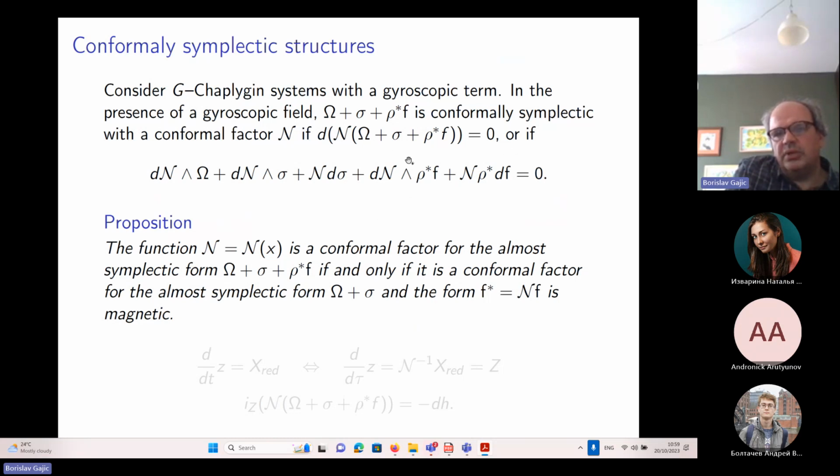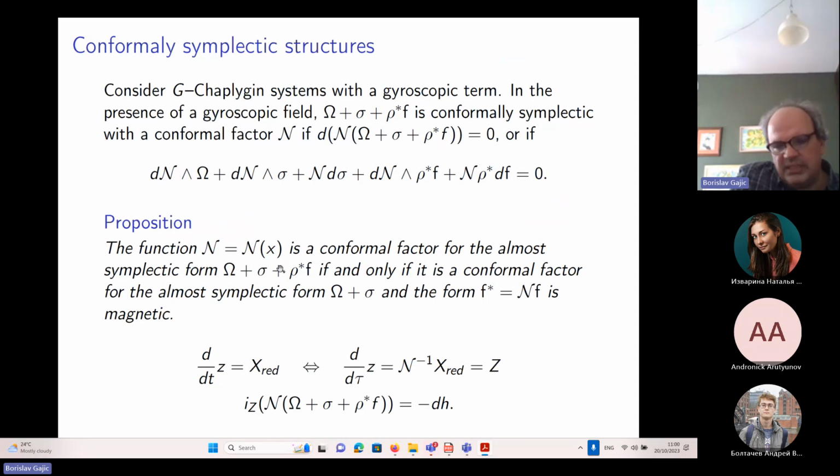This is an equivalent condition, this formula, and one gets that now we have an additional term. So the function is a conformal factor for the almost symplectic form given by this formula if and only if it is a conformal factor for the almost symplectic form without these gyroscopic terms, and this form n times f, this f star, is closed. Yes, it is magnetic.